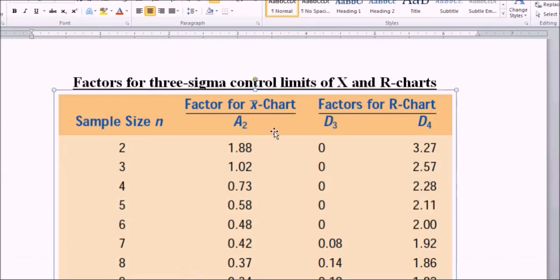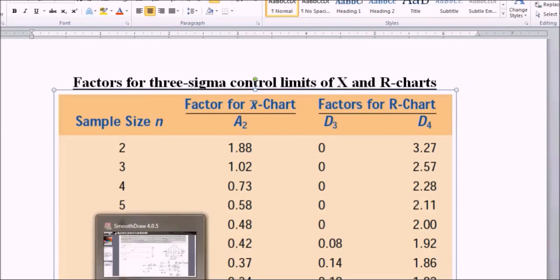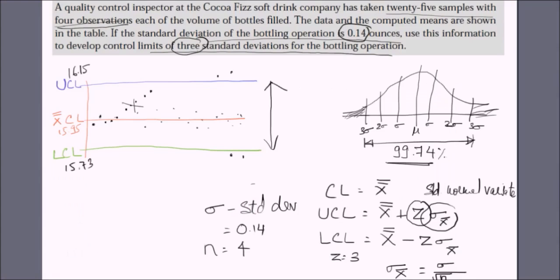These are the factors we have for the X bar chart and for the R chart. We will use these factors to calculate the upper and lower limits of our chart.